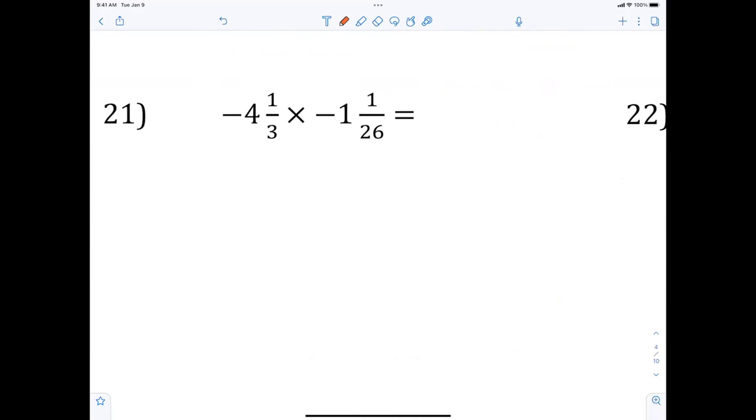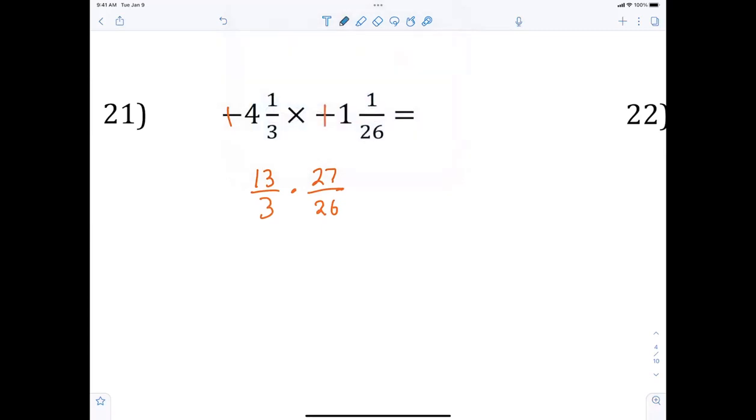Yeah, so what do I have to do with the 4 1/3? Yes, and that's what? Very nice. 13/3 times what? 27/26. My final answer is going to be positive or negative? Definitely positive, right?